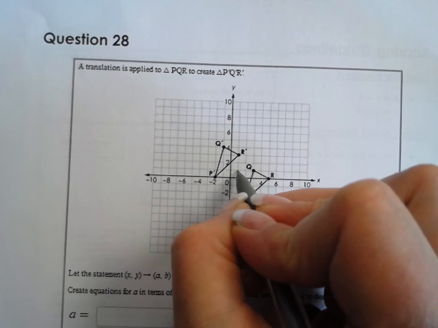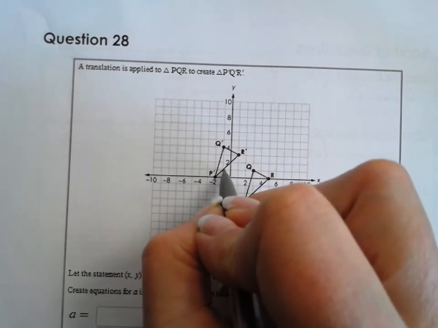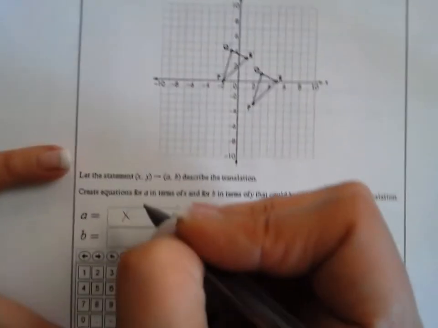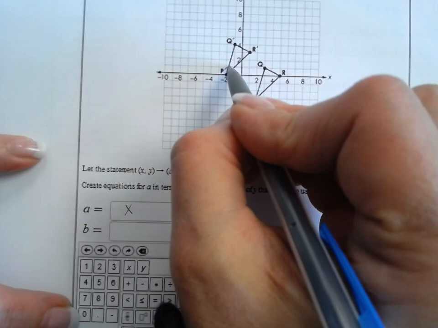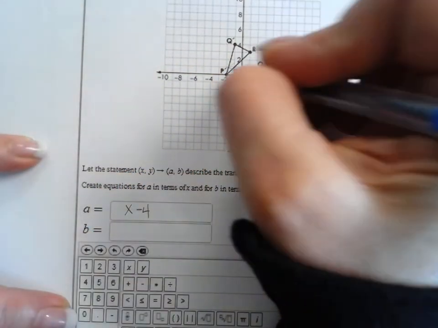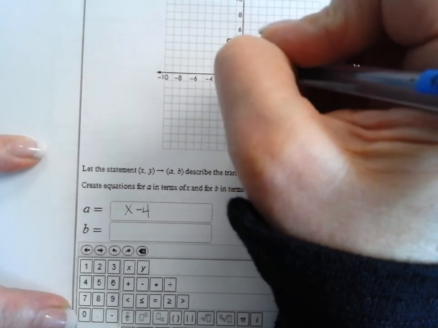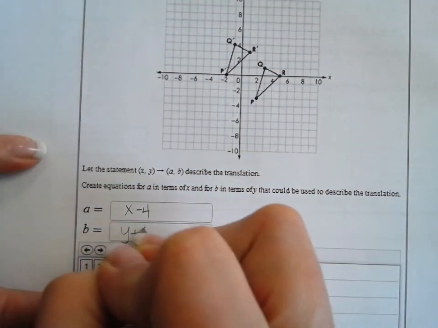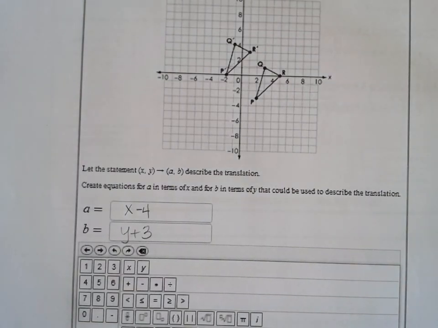I went 1, 2, 3, 4 that way, and did I go negative or positively? No, I went negative. So x minus 4. And then what did I do on the y? I went up 3, so that would be y plus 3. Good?